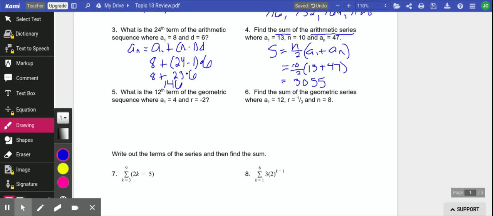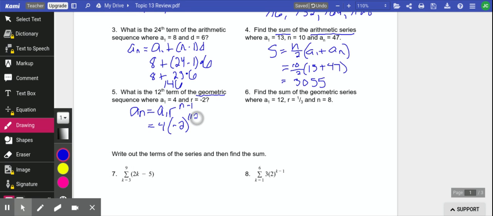All right, we now want to find the 12th term of the geometric sequence. So now we need to switch to the geometric formulas. To find the 12th term, we need this formula. A1 is 4, our common ratio is -2, and we're raising it to the 12 minus 1.